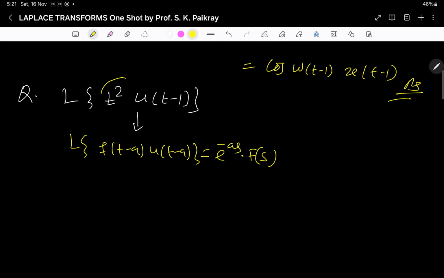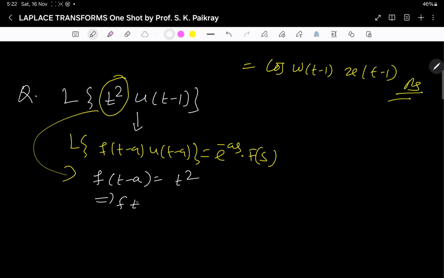Let f(t minus a) be t square. So what is my f(t)? Here a is 1, so in f(t) t is replaced by t plus 1. It is (t plus 1) whole square. So this is t square plus 2t plus 1.